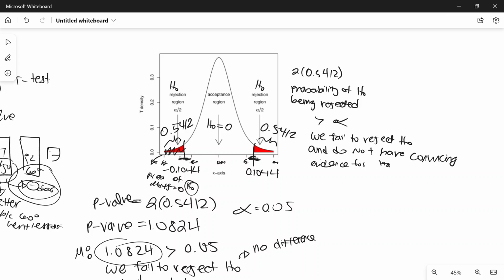for HA. But let's say the probability was very much less than that, and it was actually something like 0.1023 or something. That's the probability. It's still the probability of H0 being rejected.